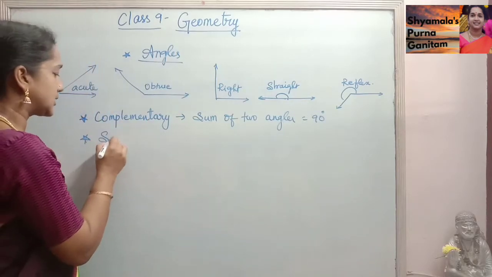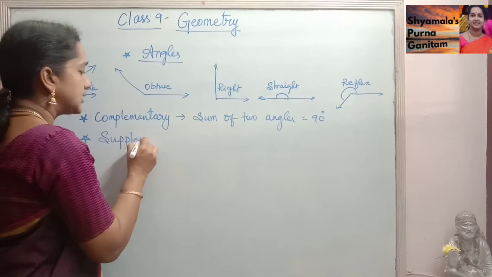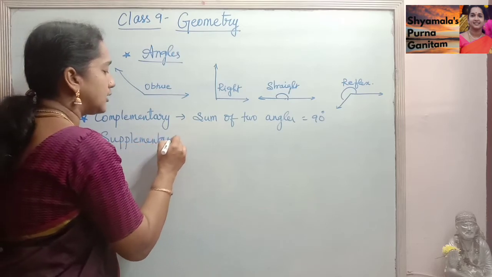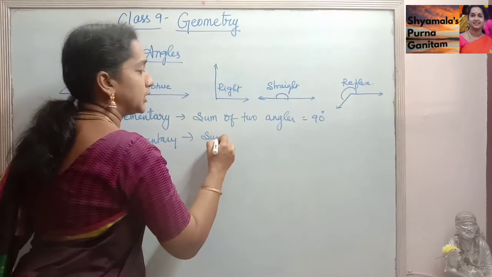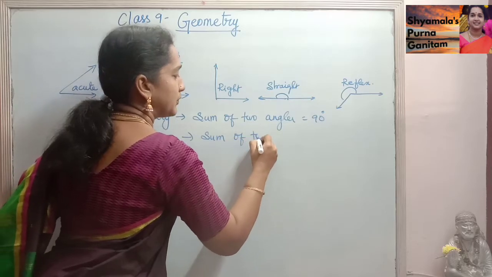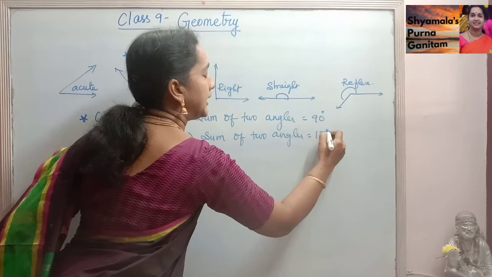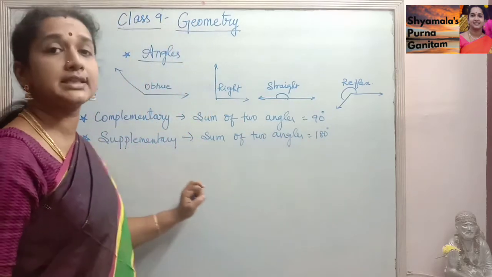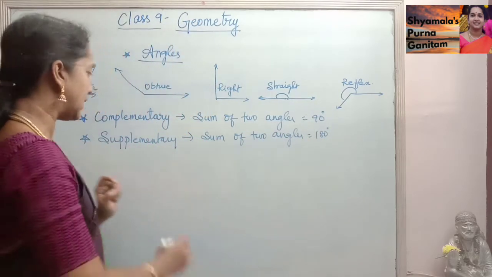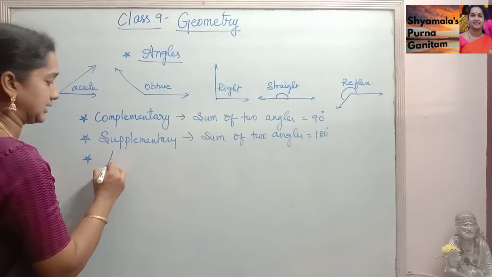Then come supplementary angles. When we find the sum of any two angles, if it is equal to 180 degrees, we say they are supplementary angles.